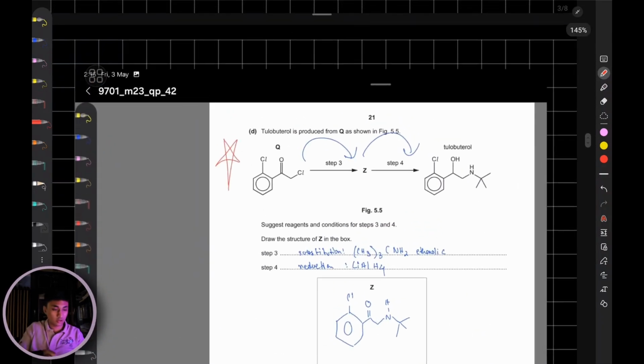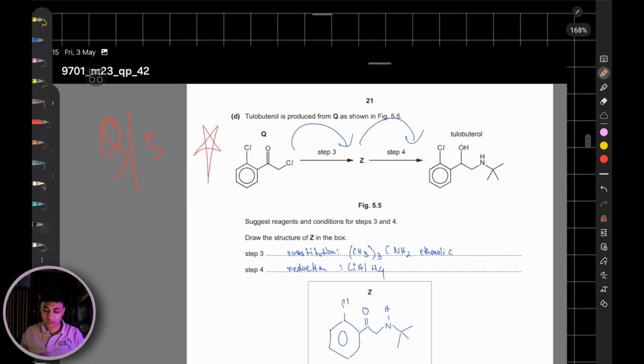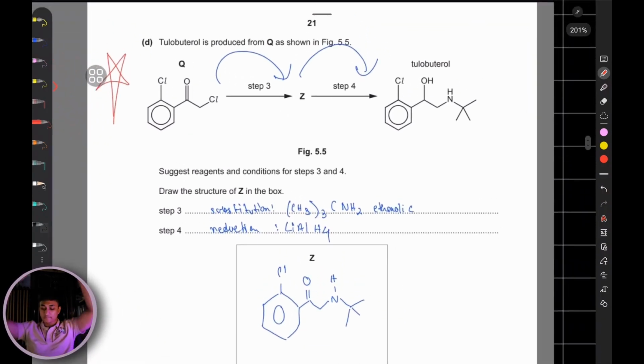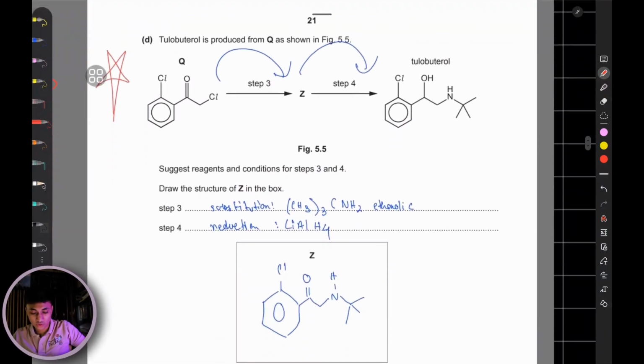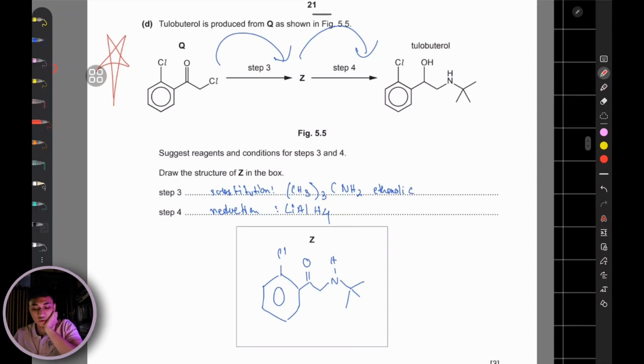And the semi-last question of this video is question 5. This is from March 23, paper 4. 2-lo-buterol is produced from Q as shown in figure 5.5. Q is this structure, and it's going to go through 2 steps and form 2-lo-buterol, whatever that is.